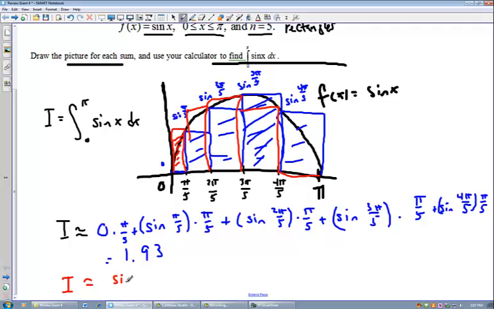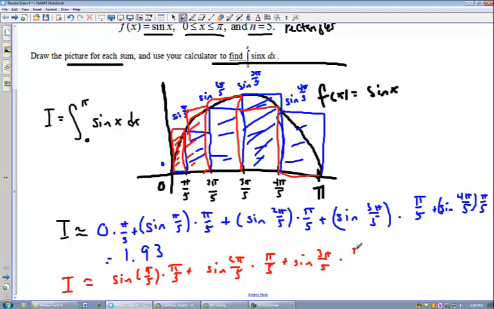And so that's sine of pi over 5 times pi over 5, plus sine of 2 pi over 5, which is the height of the next rectangle, and of course the width is pi over 5, so times pi over 5, plus sine of 3 pi over 5 times pi over 5.